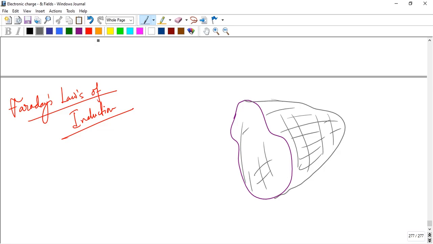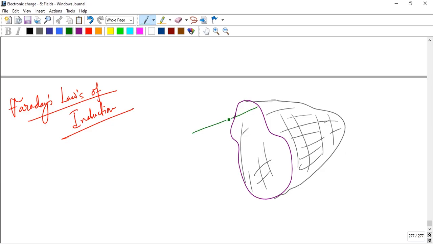Clear? And this fishing net, just as a fishing net captures fish, captures the magnetic field. So this is called a magnetic field net, because it captures the magnetic field.